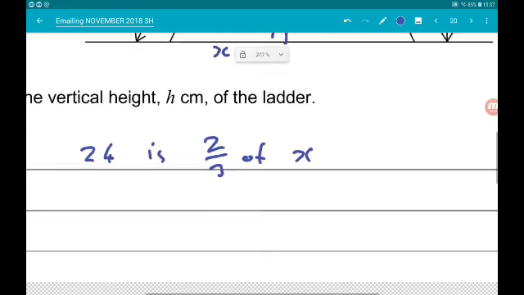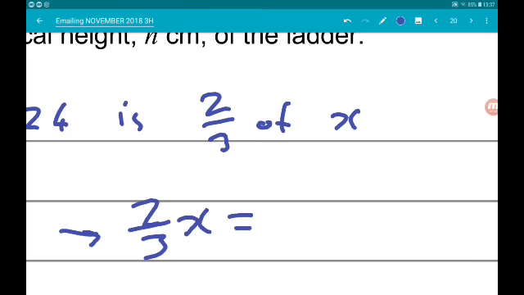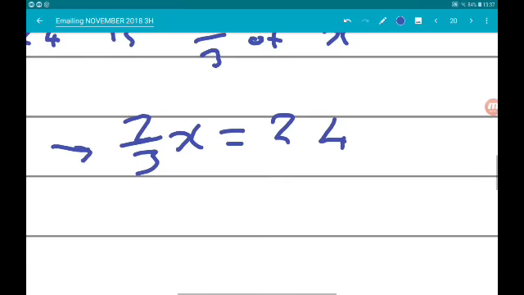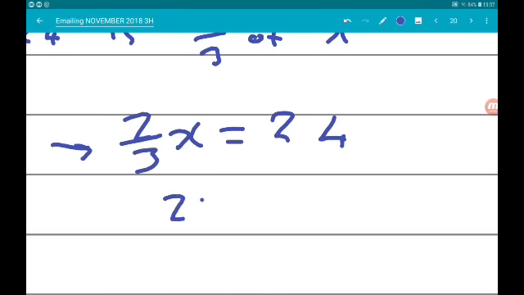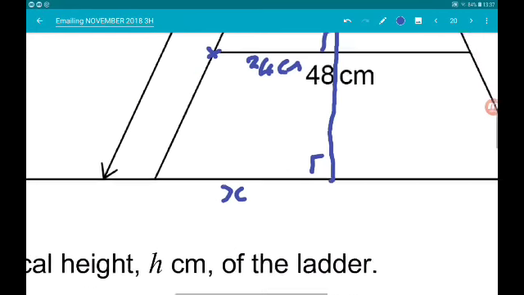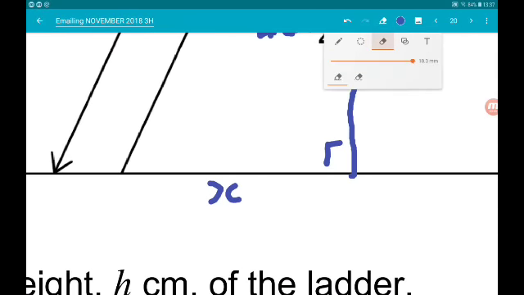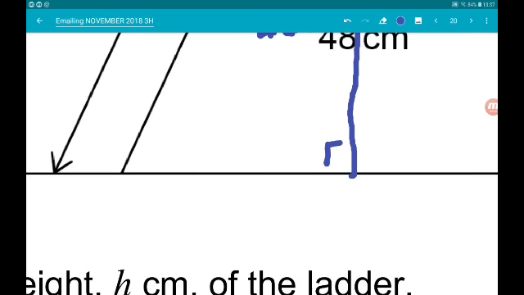So if we turn that into an equation, that means 2/3 x is equal to 24. Now we can solve that for x. So 2x is 72, x is 36. So now we know this length here is 36 centimeters.